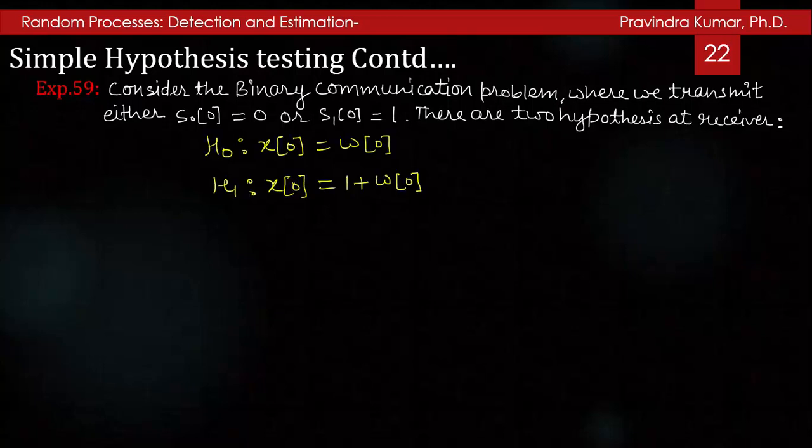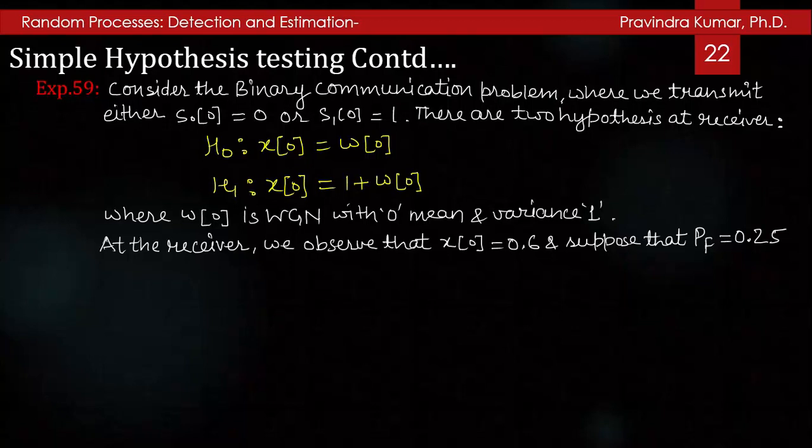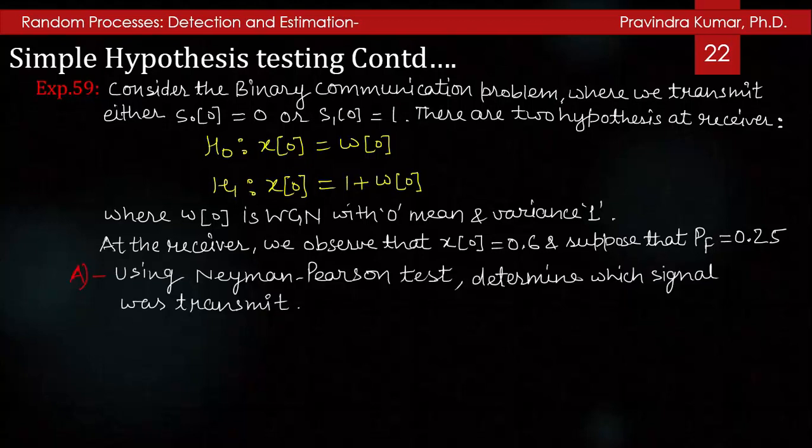Under hypothesis H0, X0 is equal to omega naught, and under hypothesis H1, X0 is equal to 1 plus omega naught, where omega naught is the white Gaussian noise with mean 0 and variance 1. At the receiver, we observe that X0 is equal to 0.6, and suppose that the probability of false alarm is 0.25.